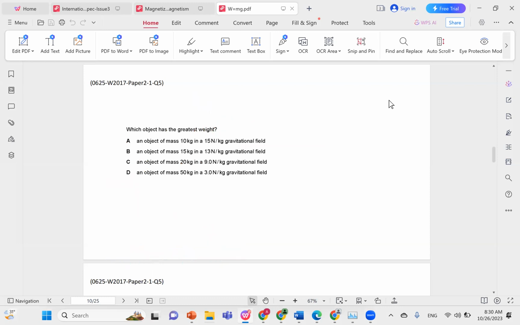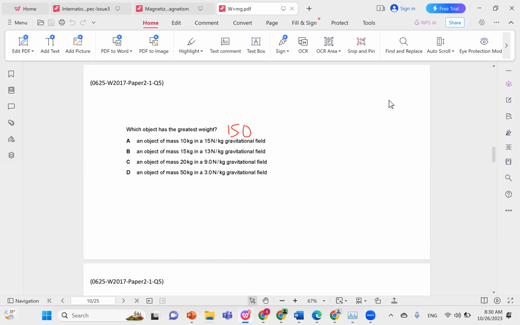Which object has the greatest weight? In order to calculate the weight, we multiply mass times gravity, M times G. So the weight here is 150, 10 times 15. For the second one, the weight is equal to 15 times 13. Let me just do that on the calculator really quickly. So we're trying to calculate here 15 times 13.